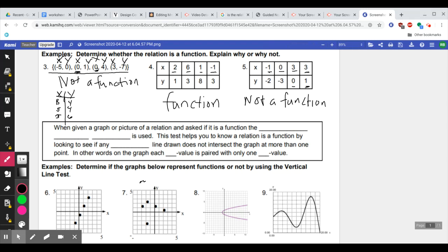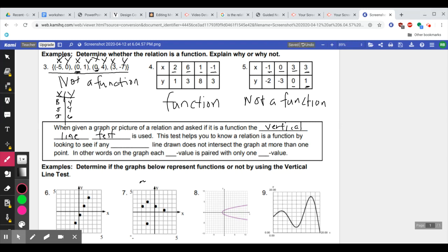Okay, so let's take a look at the picture, but I'm going to fill this in first for a few notes. So it says, when given a graph or picture of a relation and asked if it is a function, the vertical line test is used.